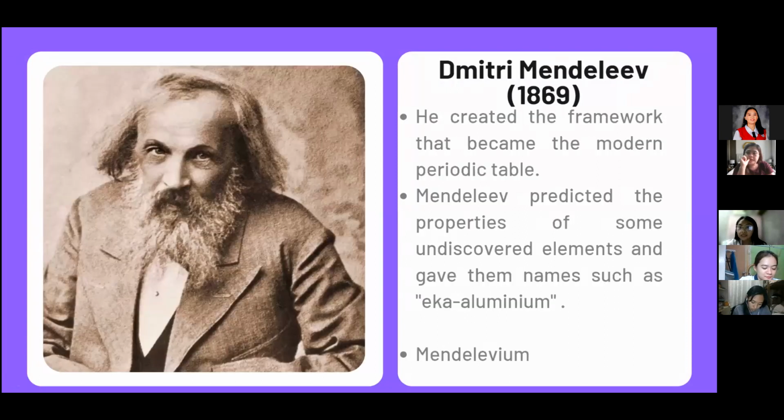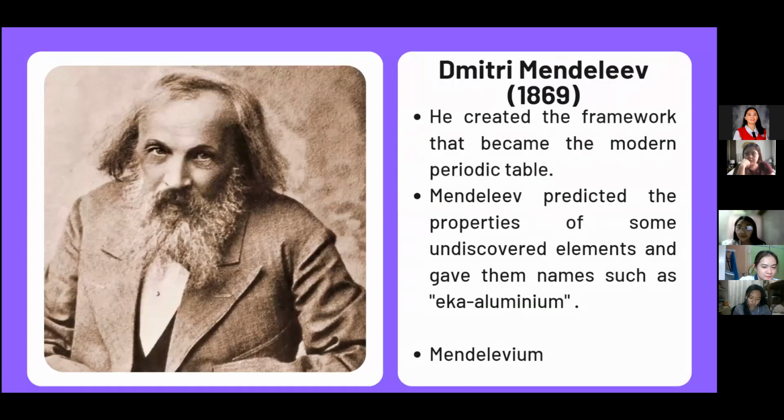So next is si Dmitri Mendeleev. So ito yung halos kilala ng lahat when it comes to periodic table. So during 1869, he created the framework that became the modern periodic table. So dito sa kanya, di-arrange niya and then nag-leave siya ng gaps for undiscovered elements.